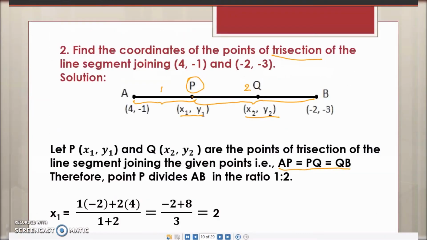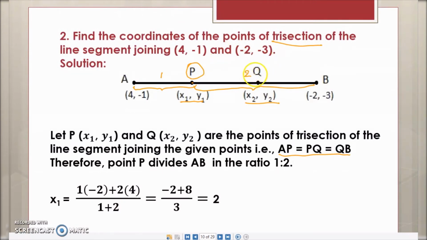After obtaining this point P, next to find out Q, the ratio will become now 2 is to 1 because this side you have got 2 parts and this side you have only 1 part. So for Q, the ratio will be 2 is to 1. And for P, the ratio will be 1 is to 2.